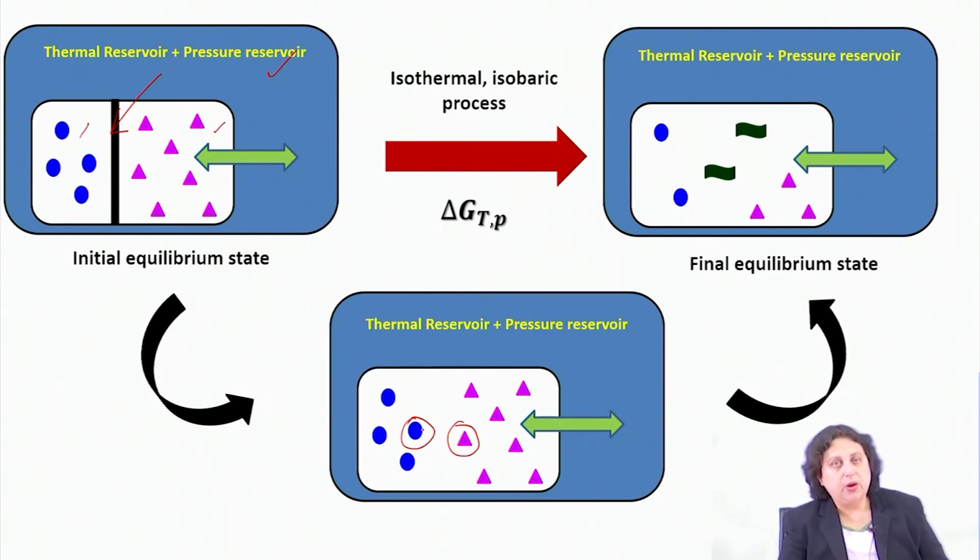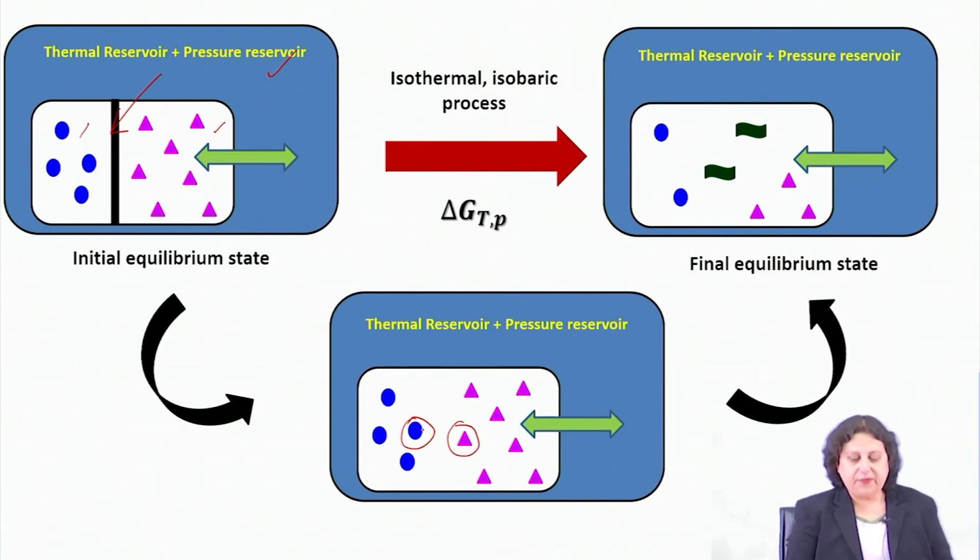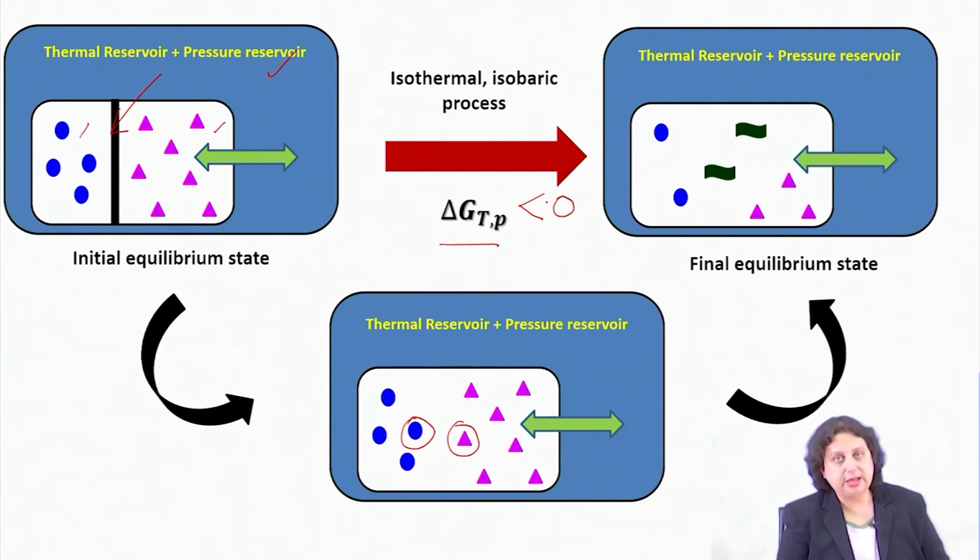Now, second law and the first law of thermodynamics together tell you that if during this passage delta G_TP is less than 0, this will be a spontaneous chemical reaction.